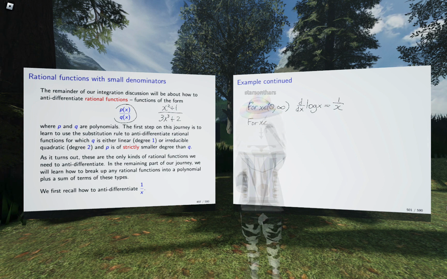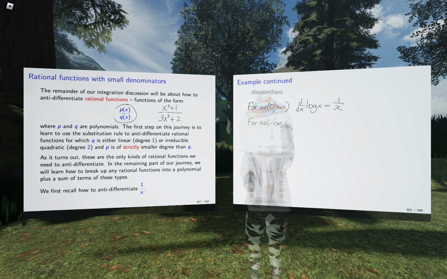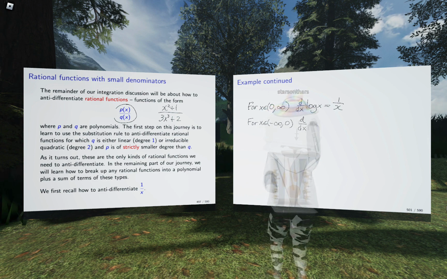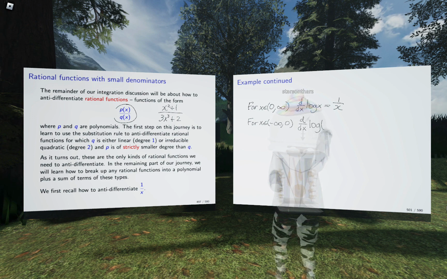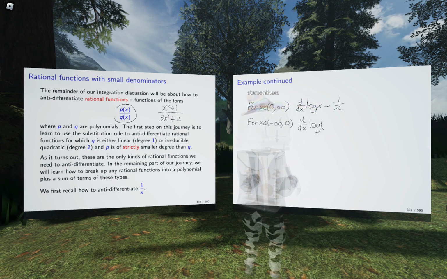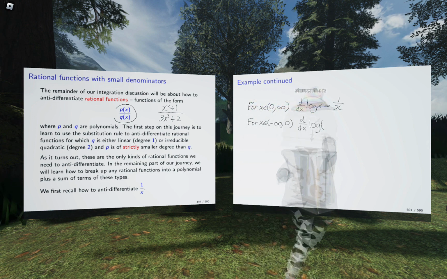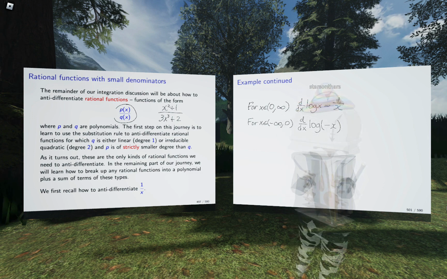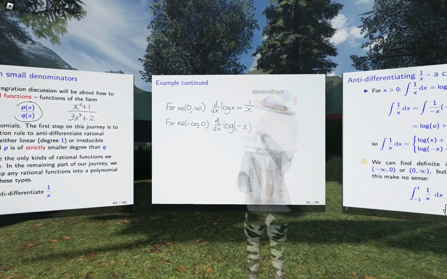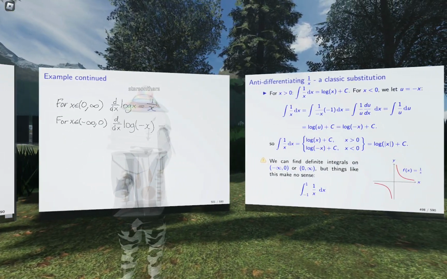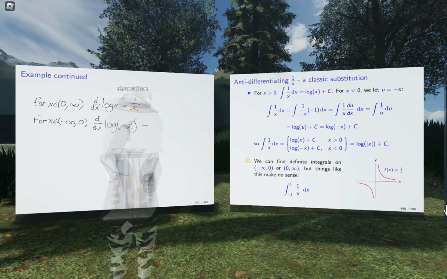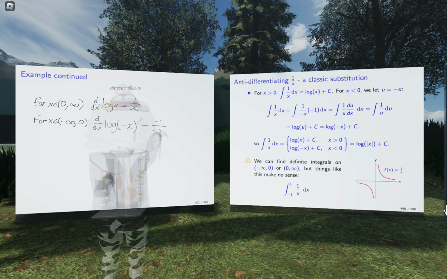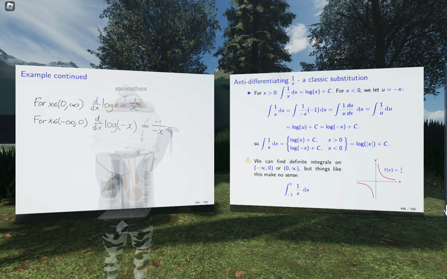For x negative, we have d dx of, well, log x doesn't even make sense, right? Because you can't feed a negative number into a logarithm. But you can make sense of this if you put a negative x here, right? Then d dx of log minus x, well, the general rule is that if you differentiate logarithm of something, you take the derivative of what's inside and put it up the top. That's minus 1 divided by the original thing. So that's 1 over x.